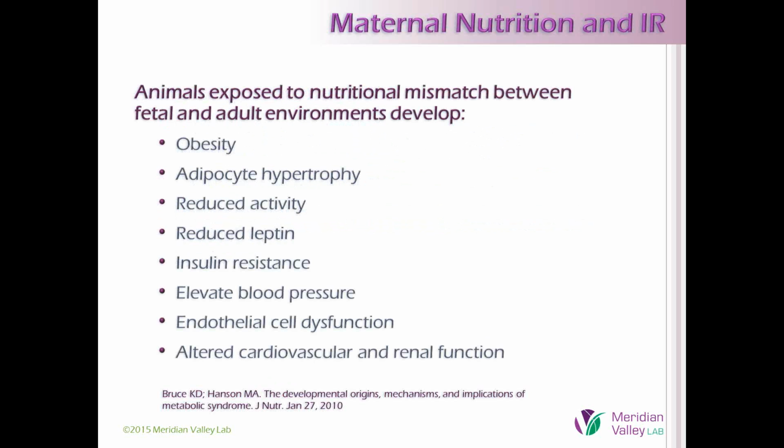That predisposes them toward metabolic syndrome. And then in animal experiments where they've actually done this, we experience all of these detrimental effects: obesity, reduced leptin and all of the bad things that that can cause, endothelial cell dysfunction, and altered cardiovascular function.